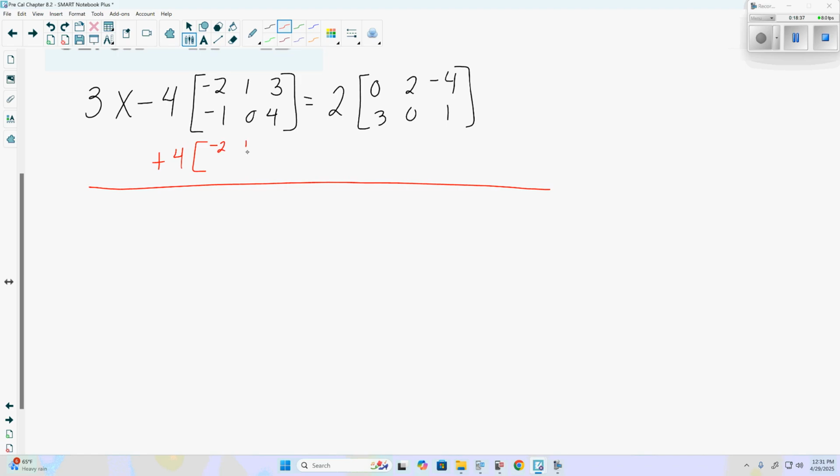But what we can do is add 4 times this matrix to the left-hand side, because here we have -4 of them. And if we add 4 of them to it, those are going to cancel out, telling us that we have 3x. But if we do it to one side, we're going to have to do it to the other. -2, 1, 3, -1, 0, 4.